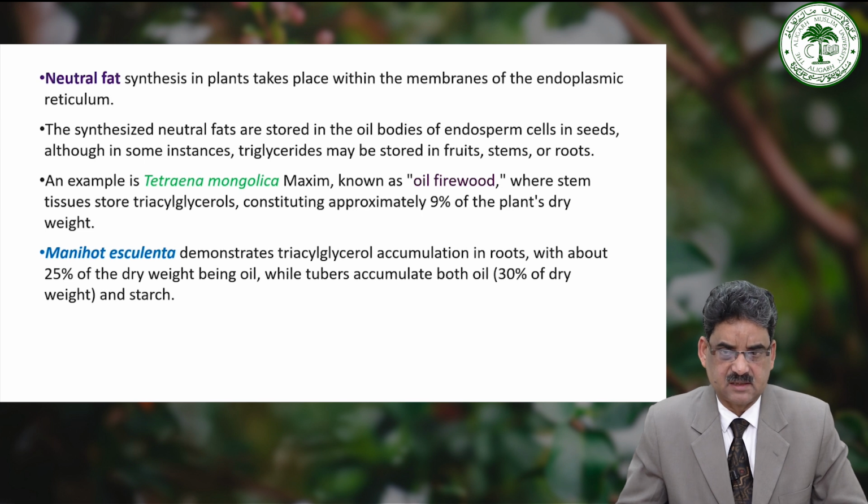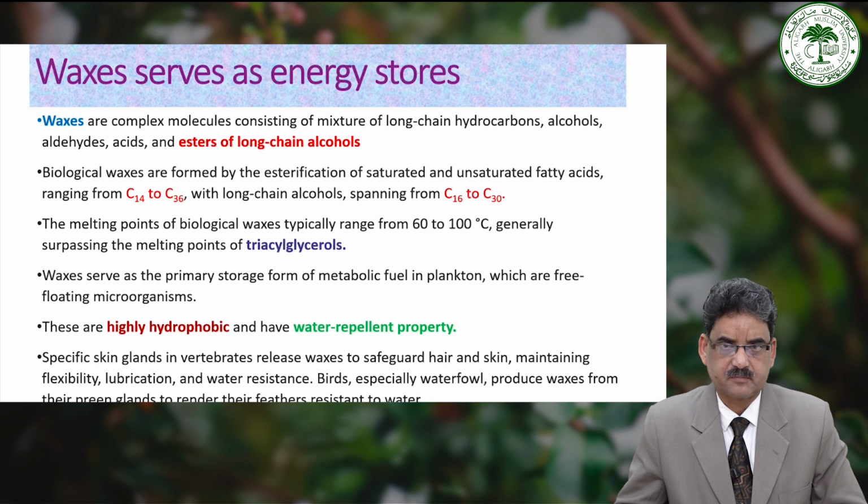These instances illustrate the diverse storage patterns of triglycerides in different plant species and organs, showcasing the versatility of plants in adopting their lipid storage strategies based on their specific physiological and ecological requirements.